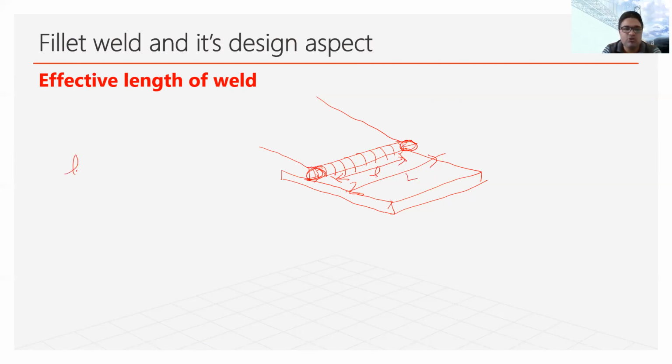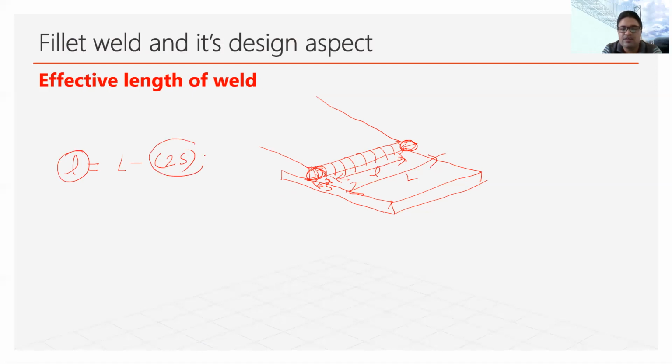How do we get this value of l? As per IS code, this l value is found using L minus 2 times S. We assume that the initial taper is up to the value of S, the size of weld, at the start and at the end. So to get the effective length of weld, we deduct it.